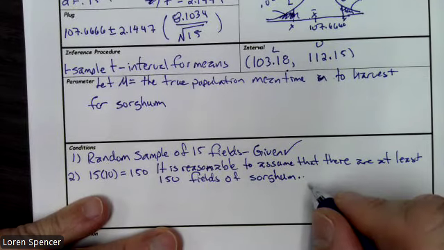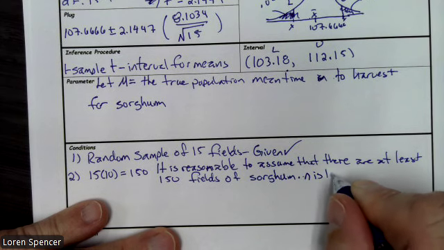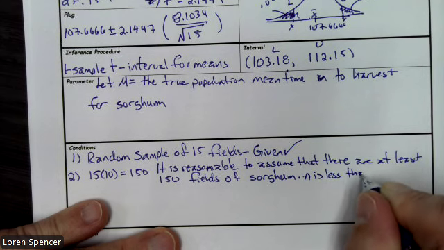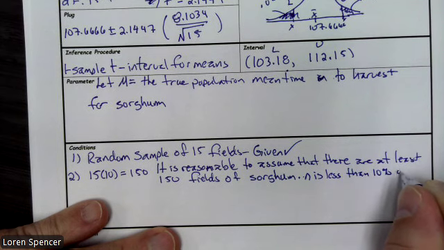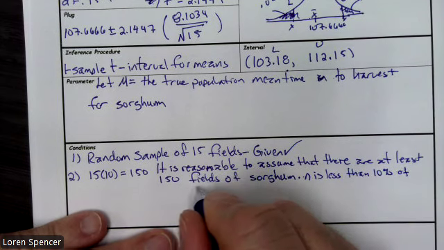So what does that mean? N is less than 10% of the population.